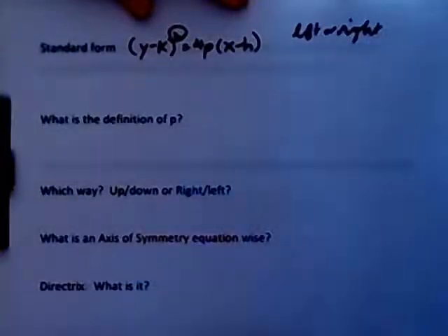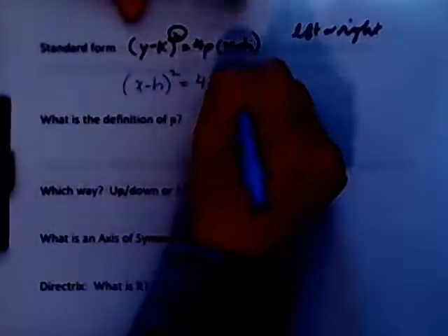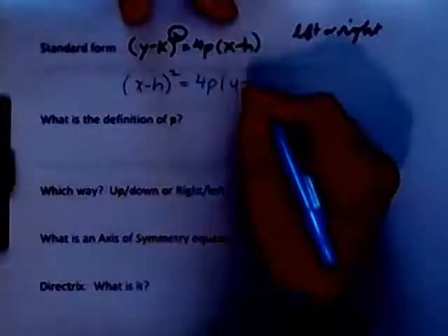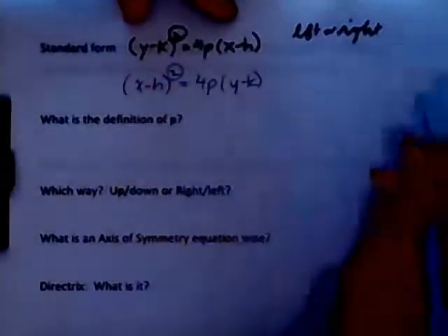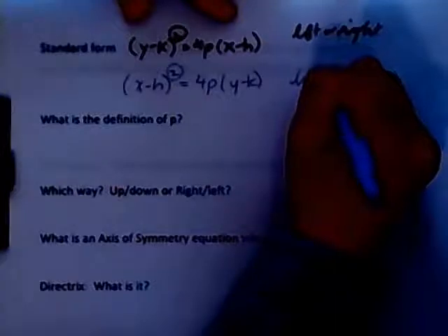On the other case, let's use another pen. Let's use blue this time. x minus h squared is equal to 4p times y minus k. If the x is being squared, then it's going to be up or down.